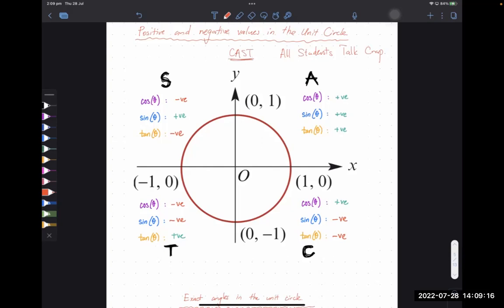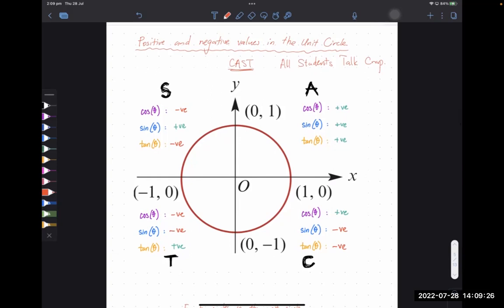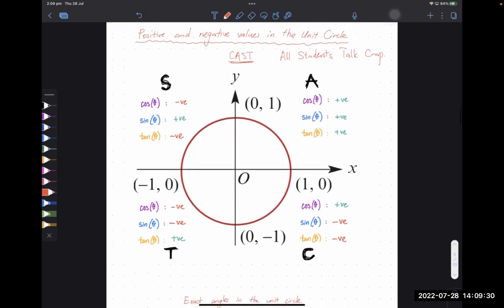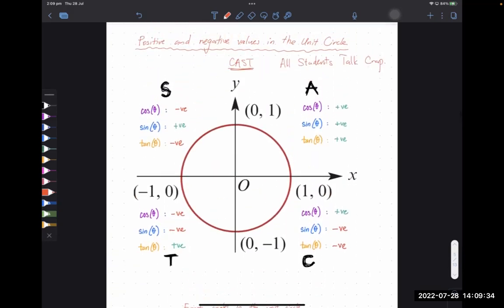So this is going to be important when we start to find some important values for this. In other words, exact values, okay? So this is all leading up to something where we're building the foundations for understanding the unit circle right now. All right, the next part that we're going to focus on is dividing up this circle now, because I want to have a look at different angles.